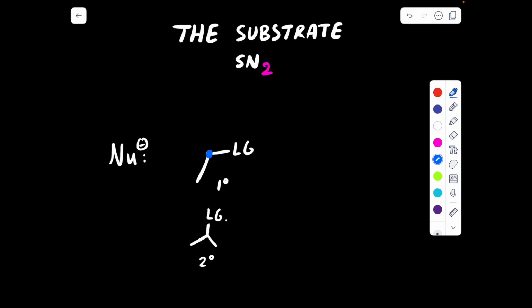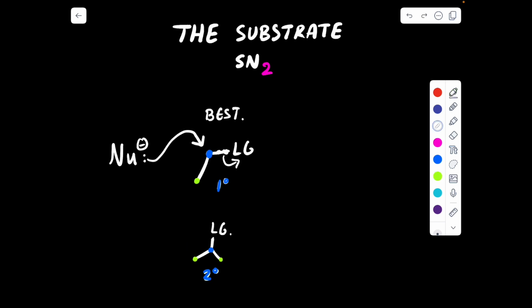So here, this blue carbon would be attached to 1 other alkyl carbon, whereas the carbon that is 2' would be attached to 2 alkyl groups, therefore 2'.